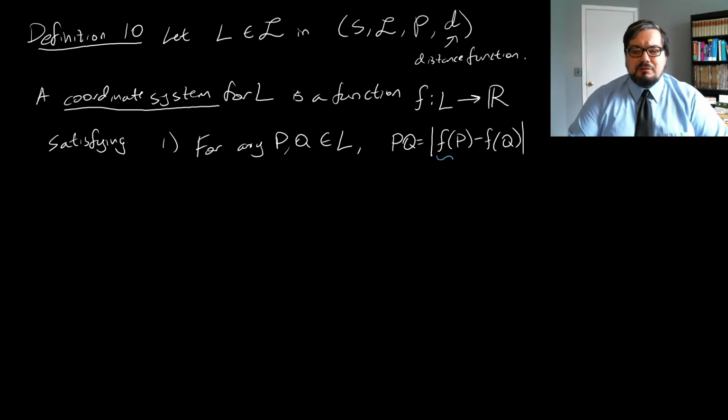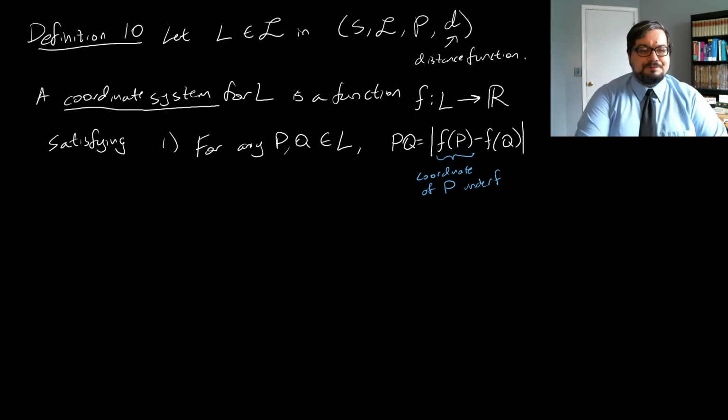So we'll often refer to this number f of P as the coordinate of P under f when we want to specify the coordinate system that we're looking at. And similarly, f of Q would be the coordinate of Q under f.